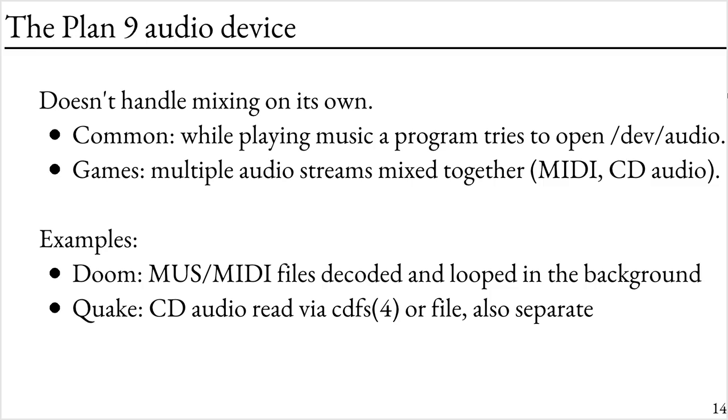This is the case in Quake, I believe, at this point, which has one proc for sound effects and one for output and one for music, which is read either from a physical CD or from dumps on file.